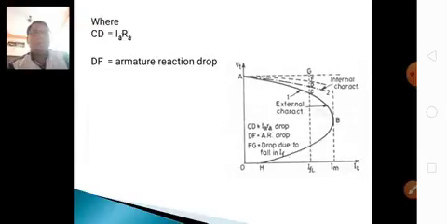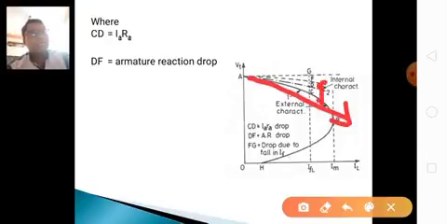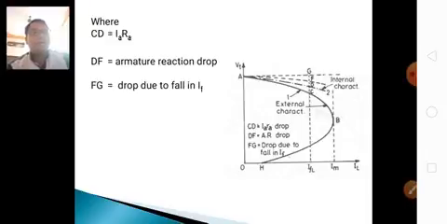So IA RA is one drop, which we have already studied. Previously, for the separately excited generator, the voltage came to this position. This drop is known as the IA RA drop. DF is the armature reaction drop, and FG is the drop due to the fall in IF.